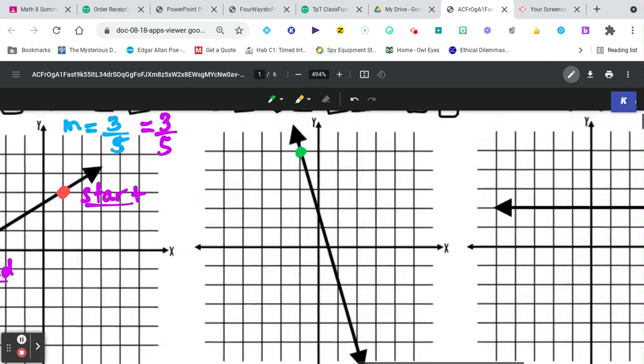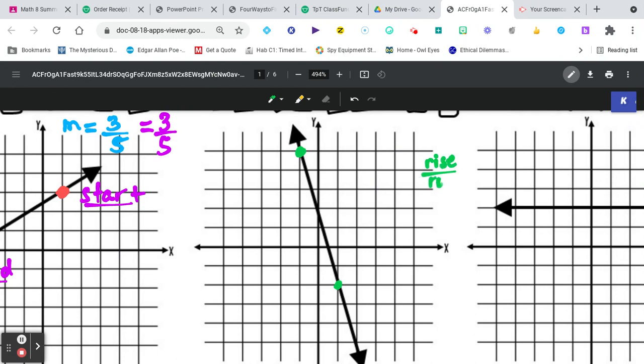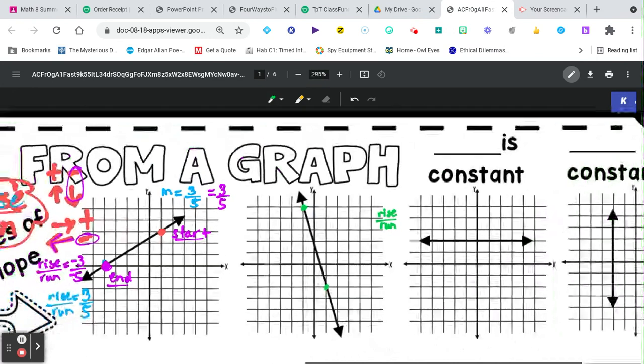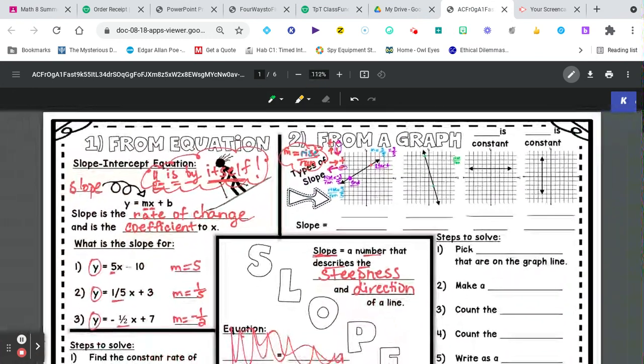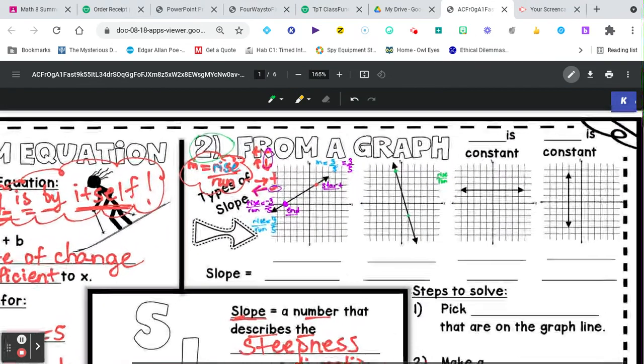And it looks like I can also read this one for sure. That's 1, -2. So on this one, I'm going to calculate rise over run. I'm on number 2, the second graph.